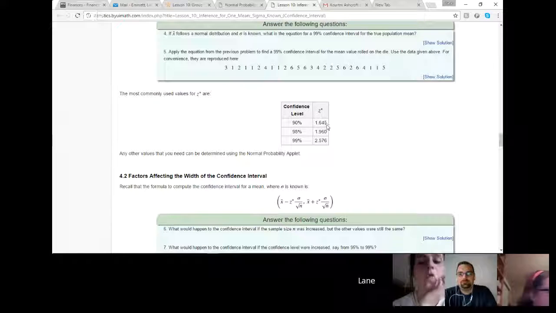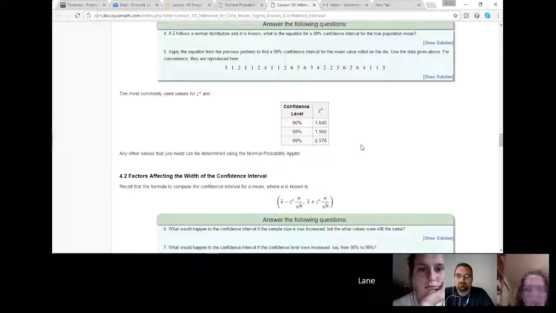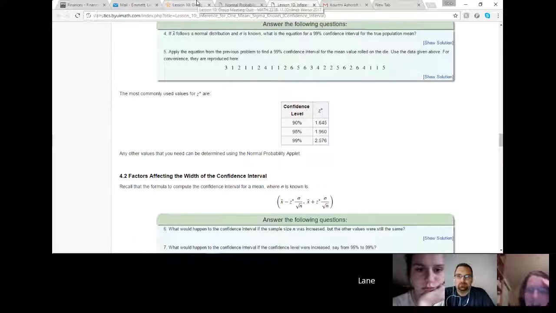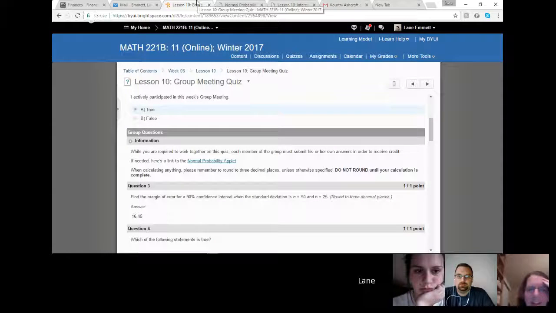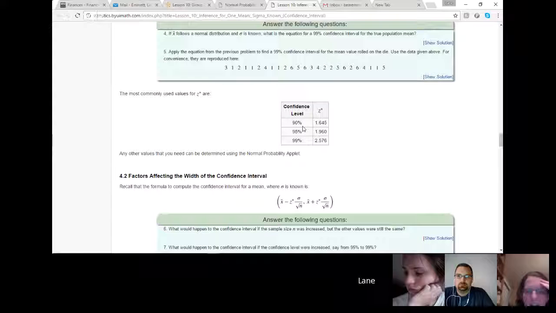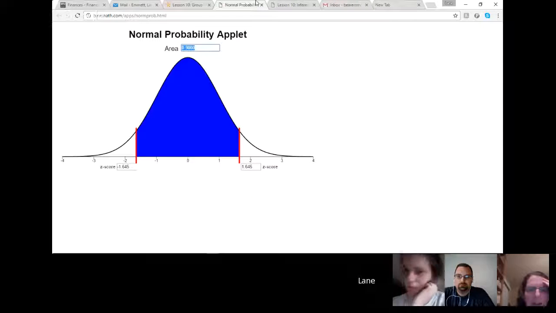These are the most common ones that we're going to be using. Okay, I wrote those in my notes. So for number 3, where it says 90%, you can just go to lesson 10 and you've got it right there. But in the applet, like James said, you can just put the area, highlight the middle, and there's your Z-score.